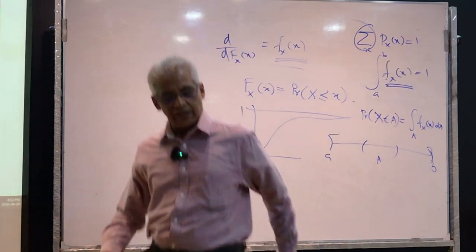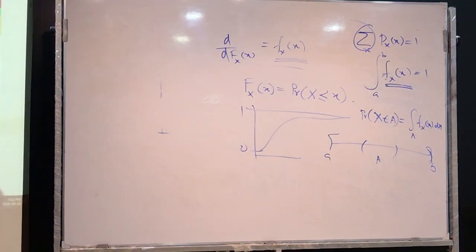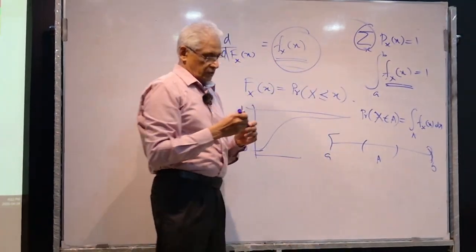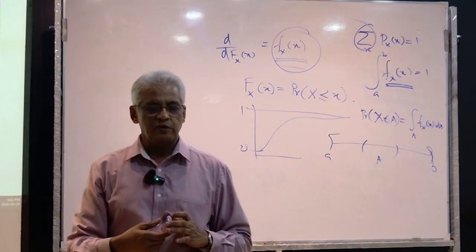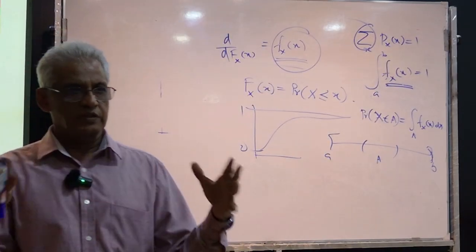So what we take instead of the probability mass function that we have for a discrete random variable is the density function. This is called the probability density function. So for the continuous random variable, what we discuss is the probability density function. There are two different things.